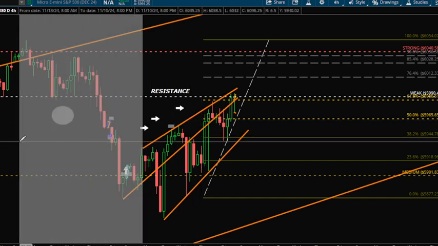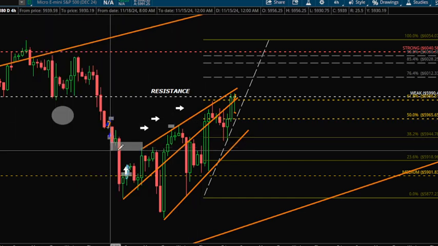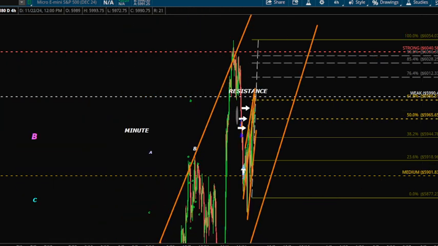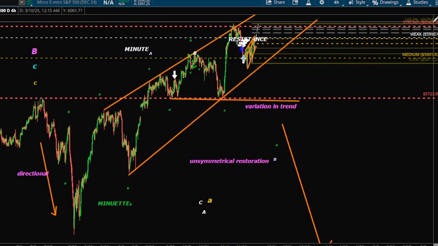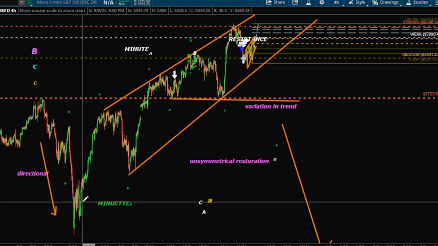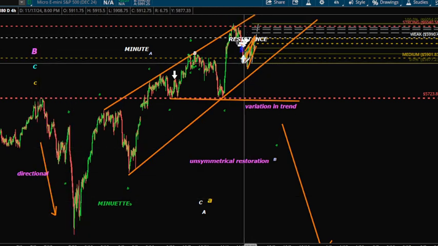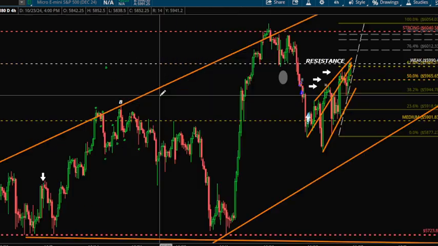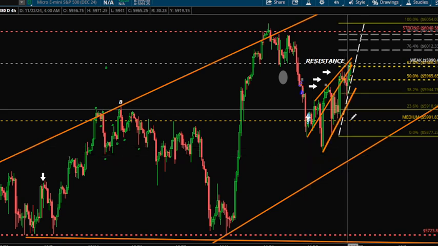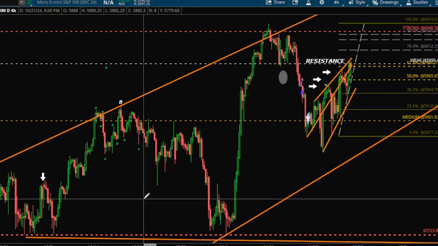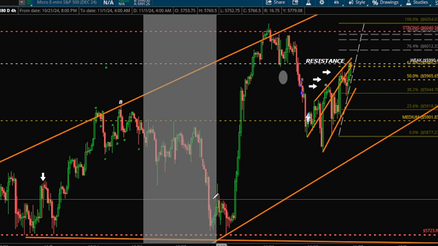Also, this move right here is actually pretty similar to the start of the down move in July. Right here, I found a lot of similarities in the percentage of moves. So this might indicate that the turn has already started. And another is that this move looks an awful lot like this move here.